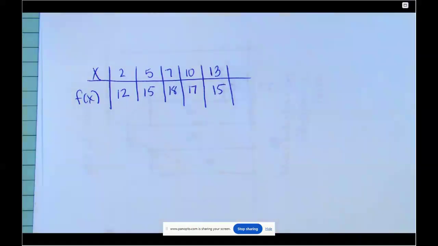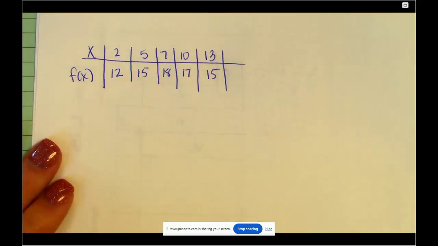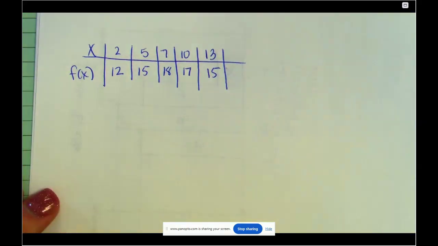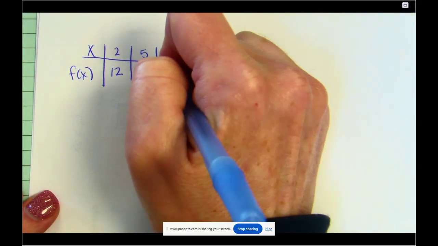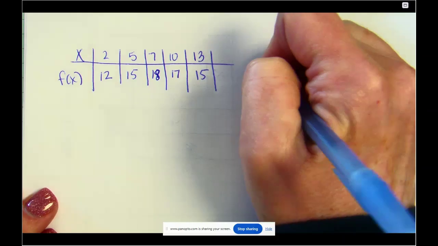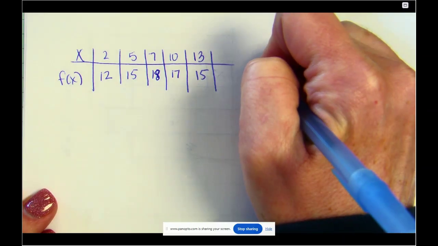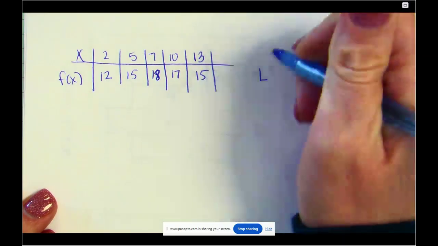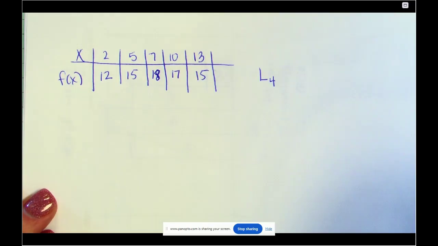Okay, so let's start out by talking about 18. Let's do a left, and I believe we can do L sub 4 on this one.